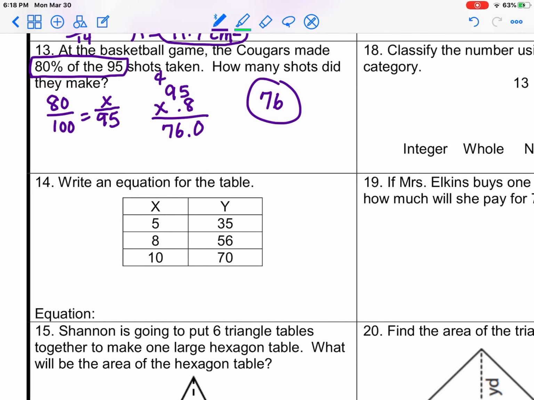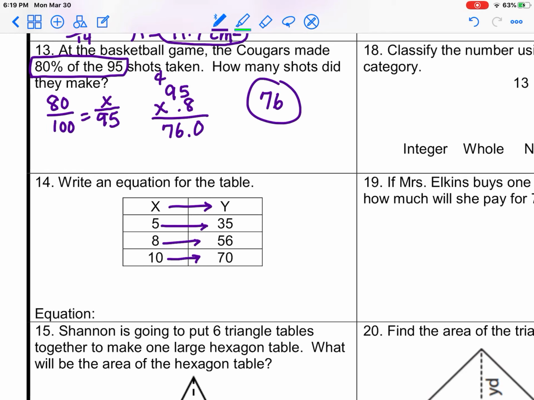Number 14. Write an equation for the table. What's happening to x to make y? Well, this x is 5 and y is 35. This x is 8 and y is 56. This x is 10 and y is 70.